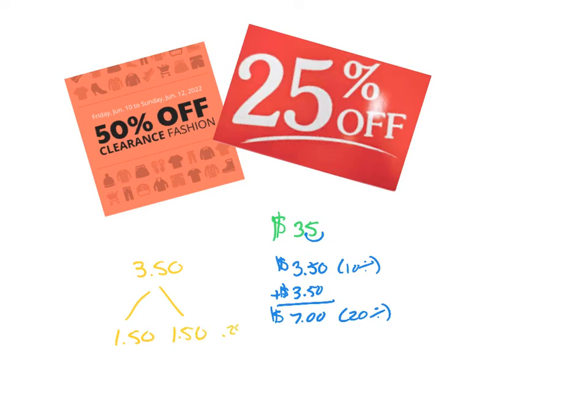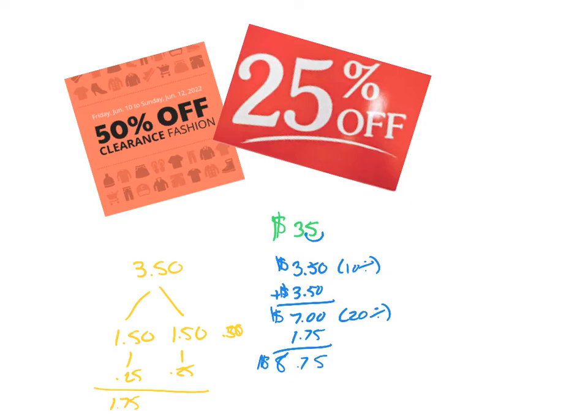But I've got 50 cents remaining, so I go 25, 25, and I get 1.75. Now I need to go back and add that in. 1.75. I get 5, 7, 8. So I now know that my discount is $8.75.